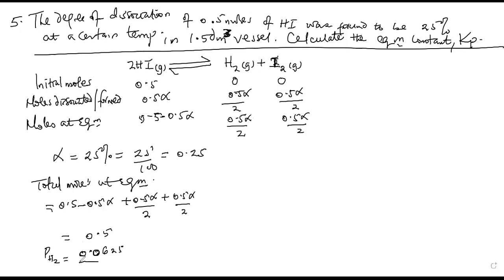We divide by the total moles at equilibrium, which is 0.5, then multiply by the total pressure. The partial pressure of hydrogen iodide: for hydrogen iodide, we have 0.5 minus 0.5 alpha. We substitute for alpha and work on it. It gives 0.375 over the total moles, 0.5. Then we multiply by the total pressure.